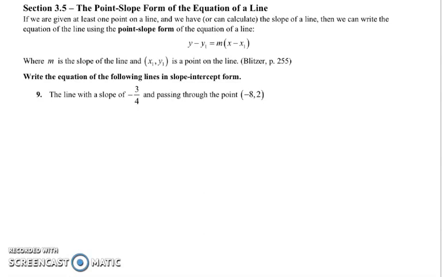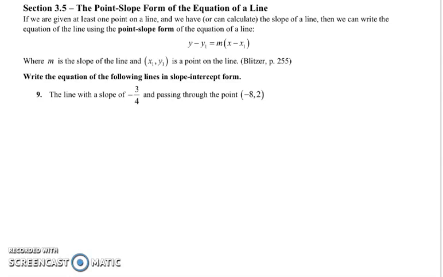So in section 3.4, we discussed the slope-intercept form of an equation of a line and how to use that to graph. In this section, we're going to talk about the point-slope form of the equation of a line.